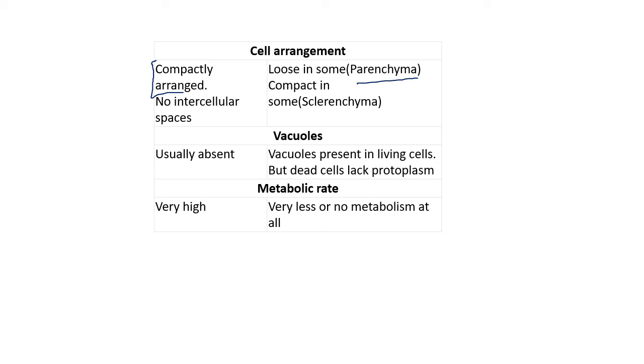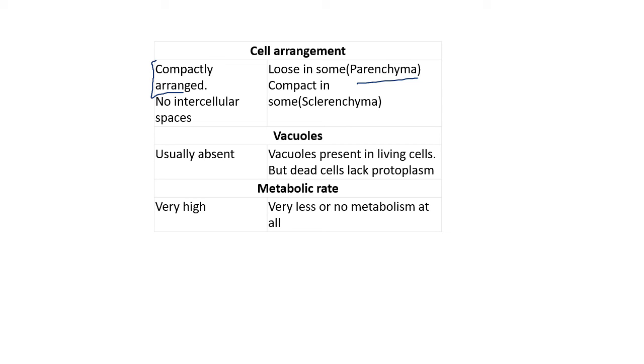And when you move to sclerenchyma, there are no intercellular spaces. So in case of meristematic tissue, the cells are compactly arranged, you do not have intercellular spaces, while in case of the permanent tissue, you may have intercellular spaces, or in some cases they may be absent.